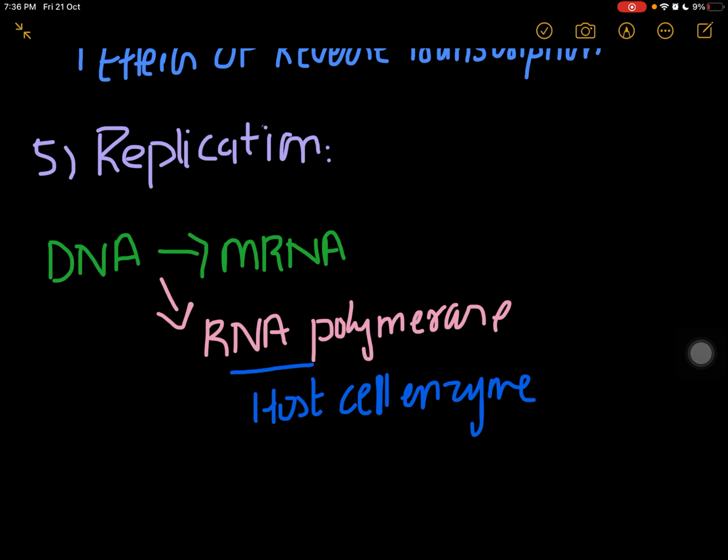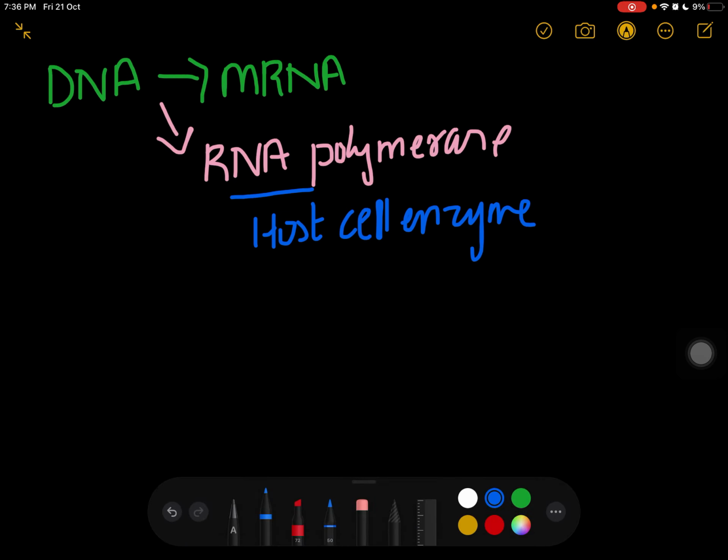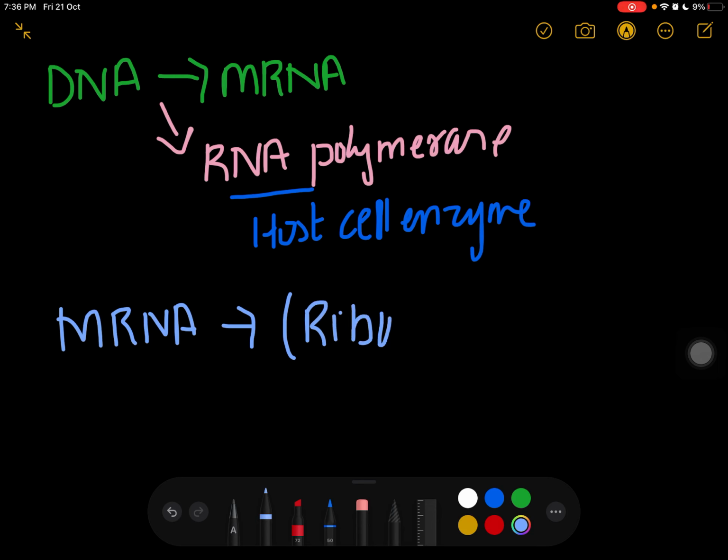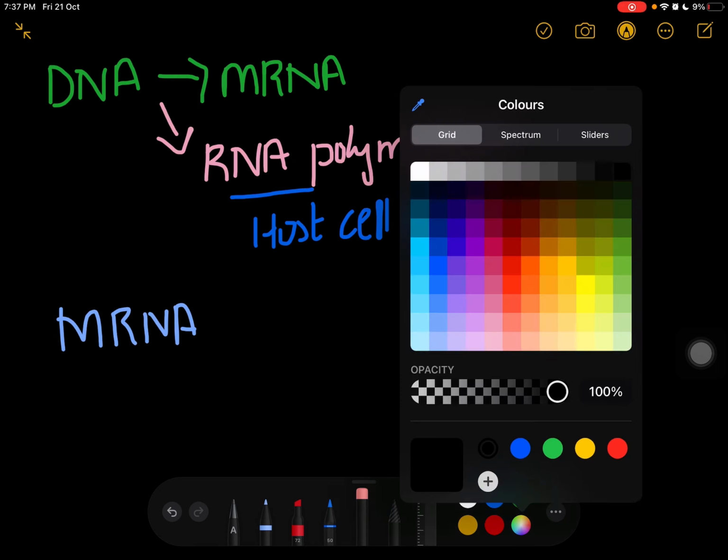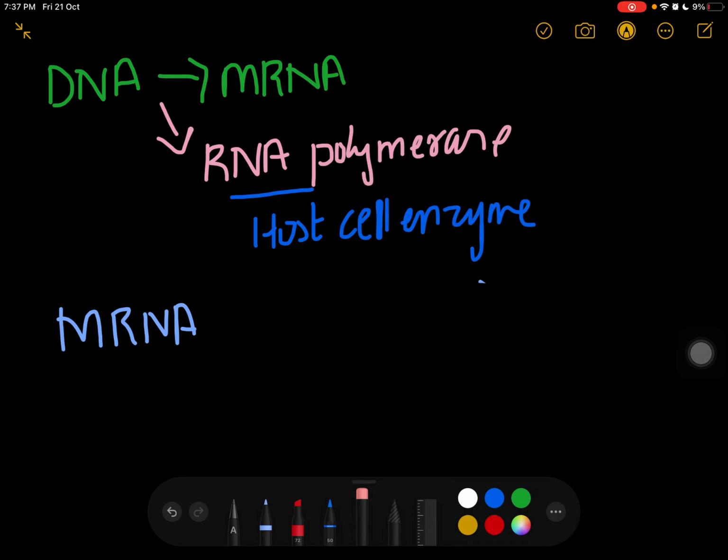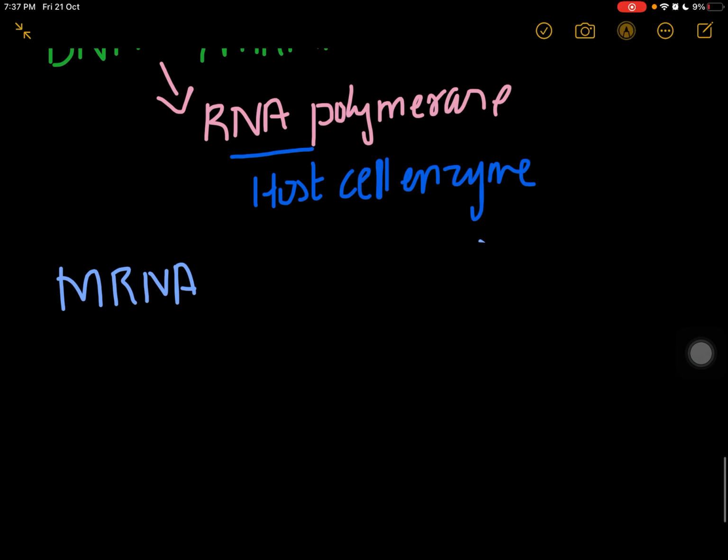Now this mRNA will go into protein, now this mRNA will go into the ribosome. Okay, before talking about this, two types of mRNA will be formed. What will be those two types?